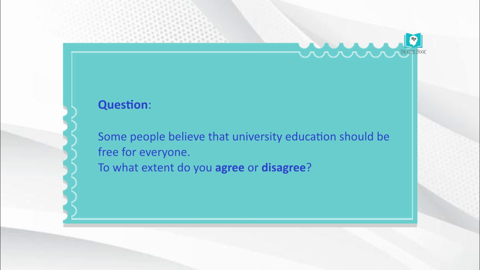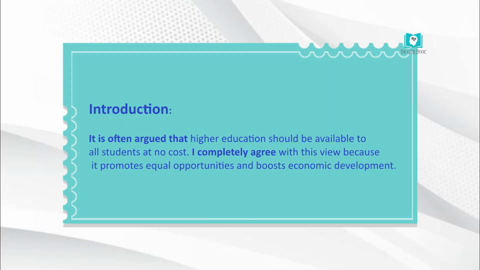To what extent do you agree or disagree? The introduction could be something like this. It is often argued that higher education should be available to all students at no cost. I completely agree with this view because it promotes equal opportunities and boosts economic development.